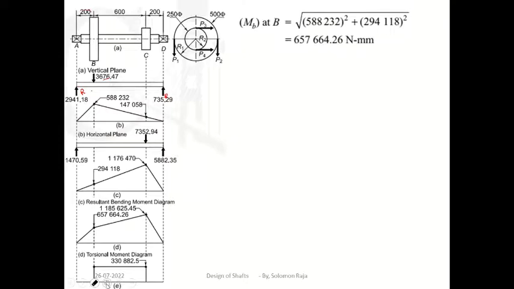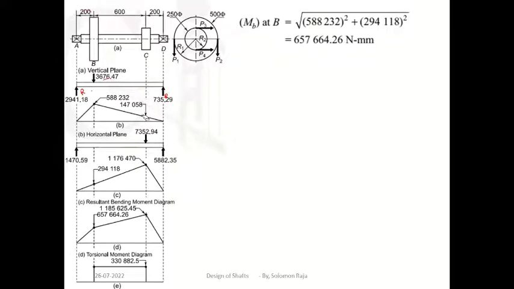I have drawn the vertical load, and for this vertical load I got the RDV and RAV values, 735 and 2941. Now let me draw the bending moment diagram.